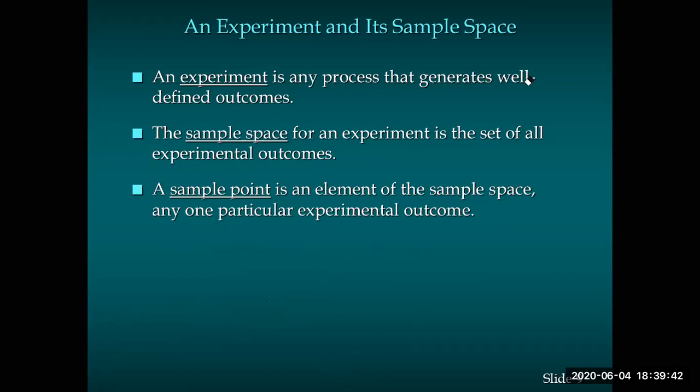If we toss a coin, you know that there are going to be 2 outcomes, heads and tails, and these can be taken as a sample space. So S is equal to heads and tails. Please remember that I'm tossing a single coin. So how many total outcomes do I have? 2.